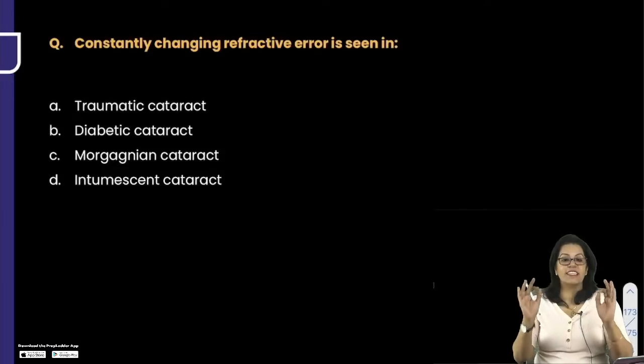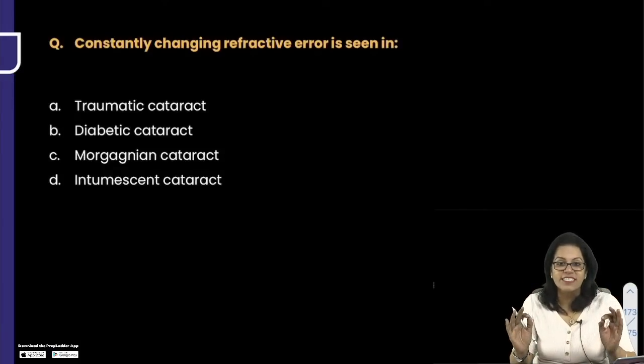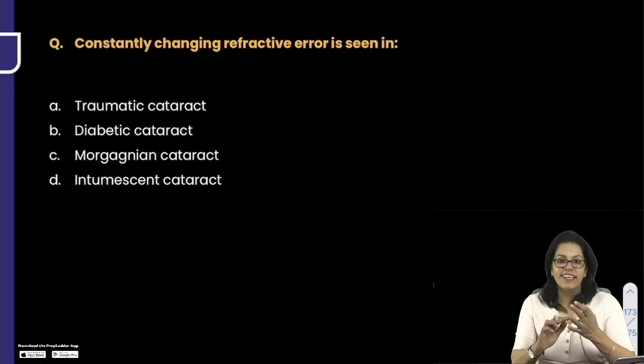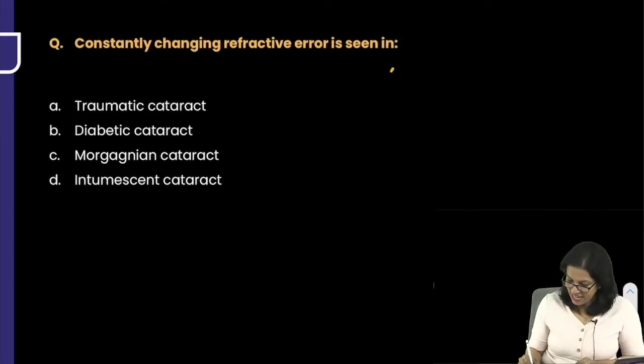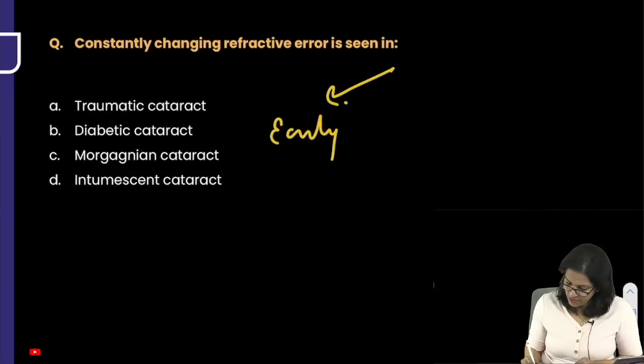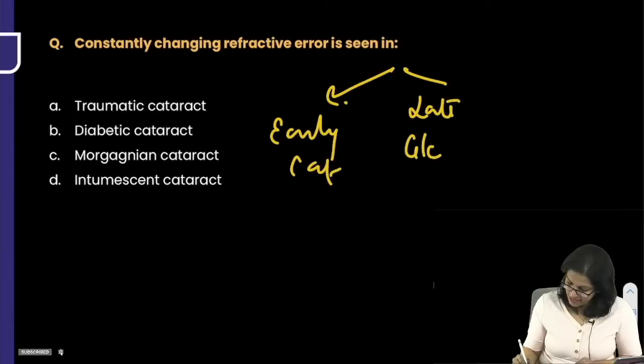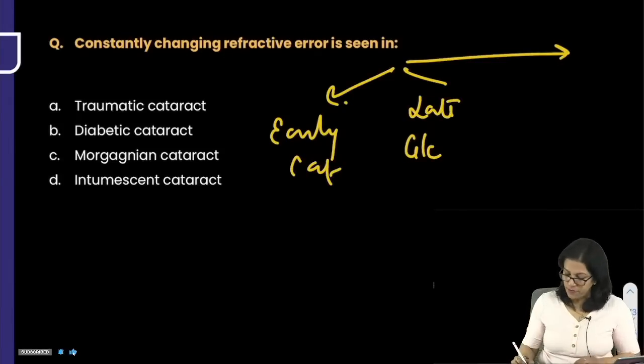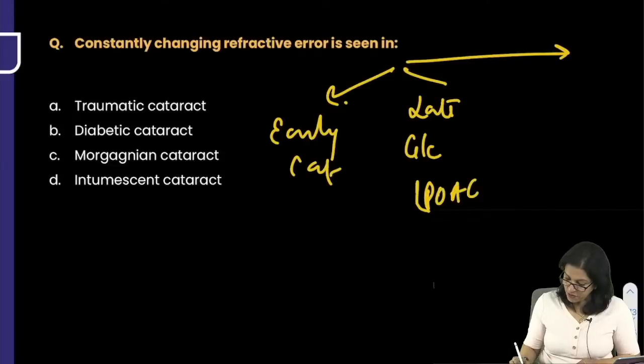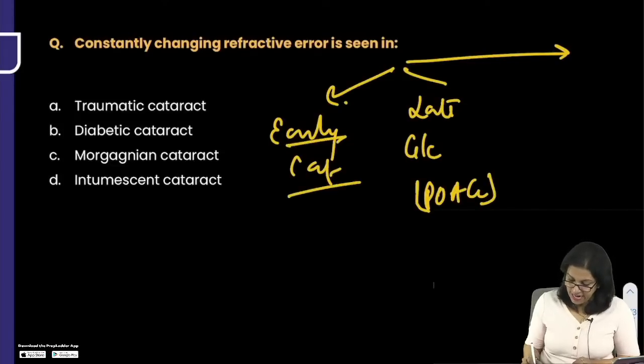So what are the causes of constantly changing refractive errors? Learn with me like this: early cataract, late glaucoma, diabetes. This is factual that in the late stage of primary open angle glaucoma, you may get frequent changes. Early cataract, it is mainly intumescent we are talking about.